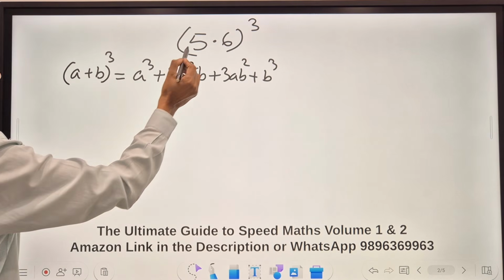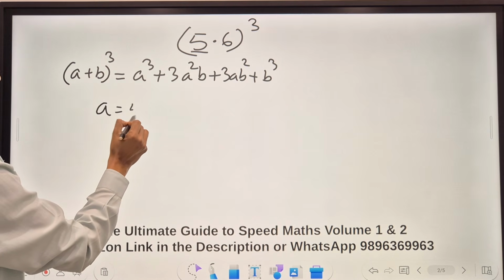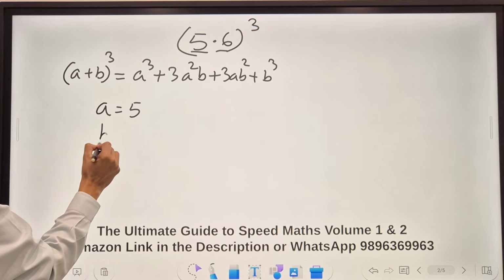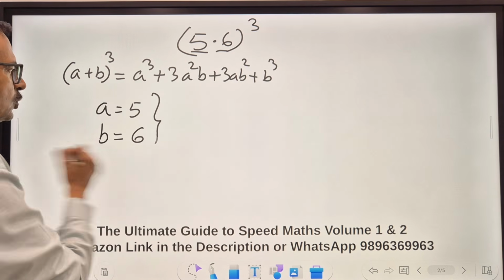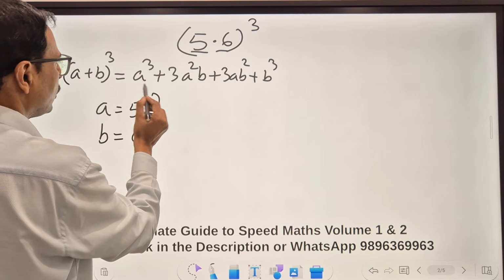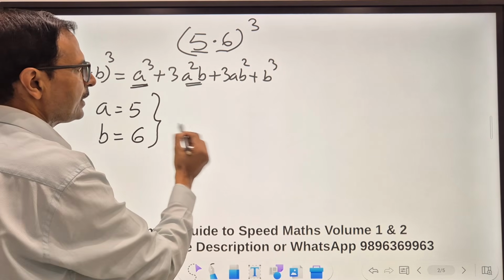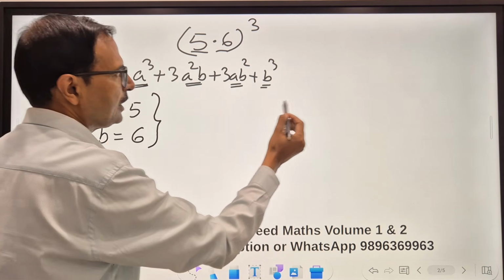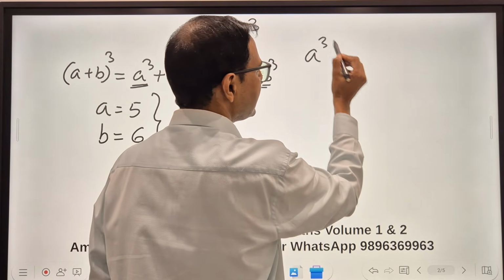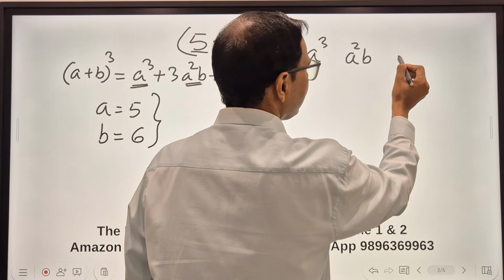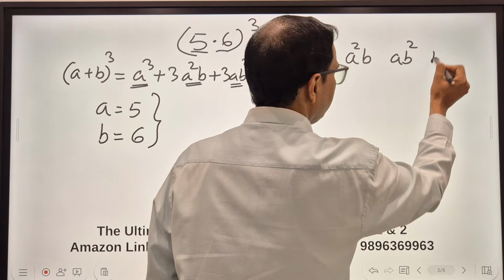Now in this case, the first digit a is 5 and the second digit 6 is b. So I'm going to use this and I will write these four numbers: a cube, a square b, ab square and b cube.